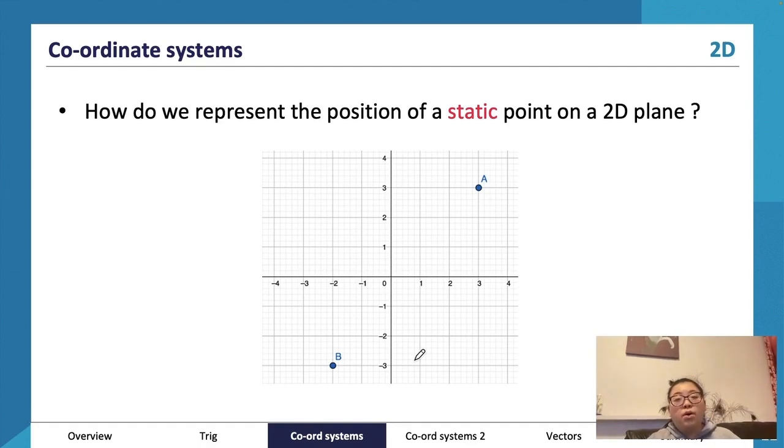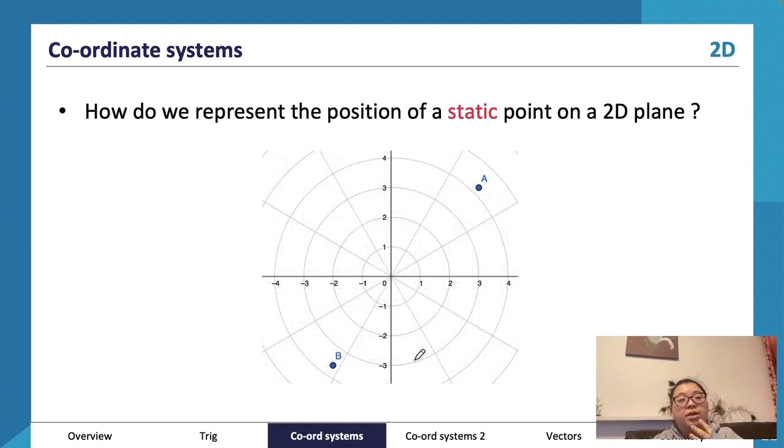What we want to do is represent it in two ways. We can either represent it as a latitude, longitude type thing, or alternatively, we can represent it as being this far away from our origin point, and then we can also talk about the degree that it is away.